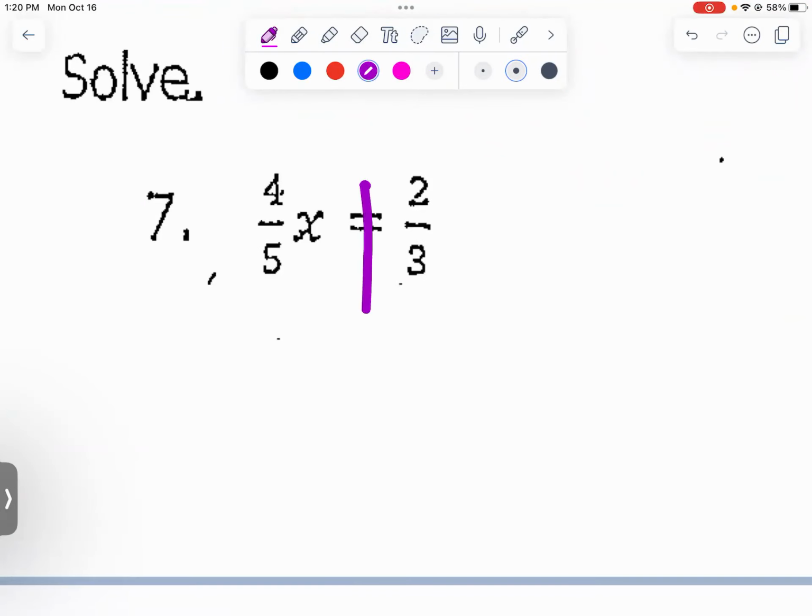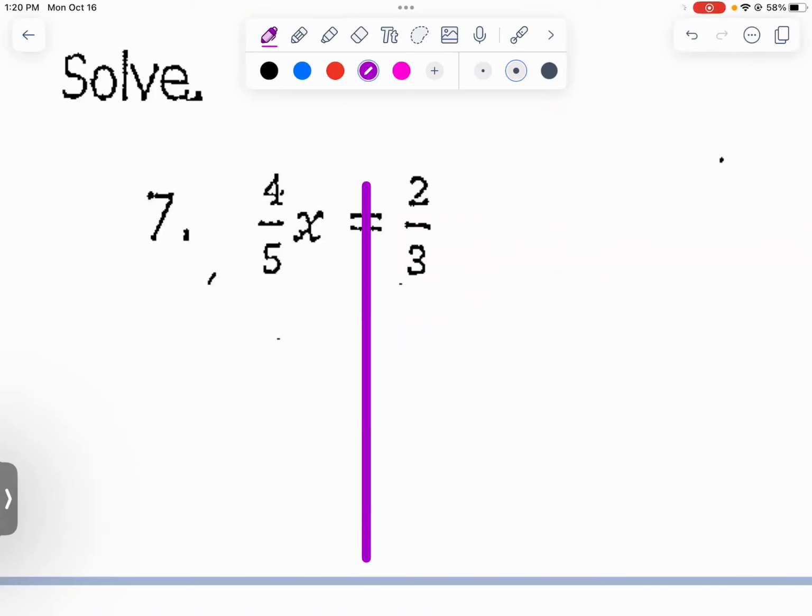Oh boy. So everybody draw your pens. This is a problem that we once talked about how to solve, but it's been a couple weeks since we've done one like this, so we need to revisit it. Who can tell me how to undo that 4/5 in front of the x? You flip it. Okay, she says flip it. What is that called?